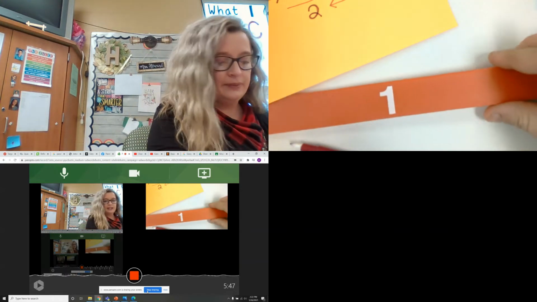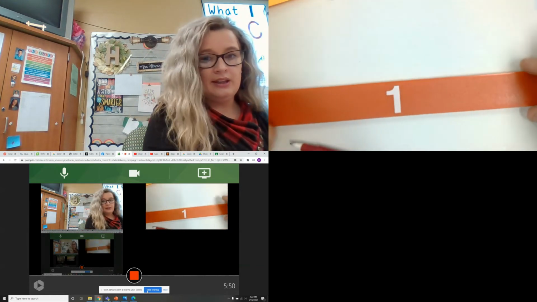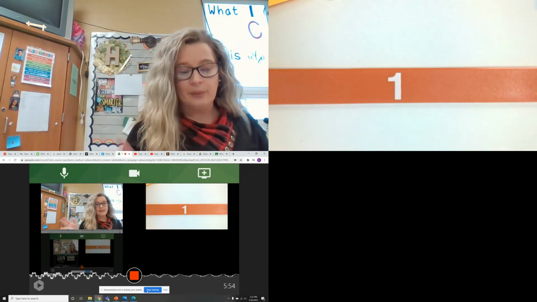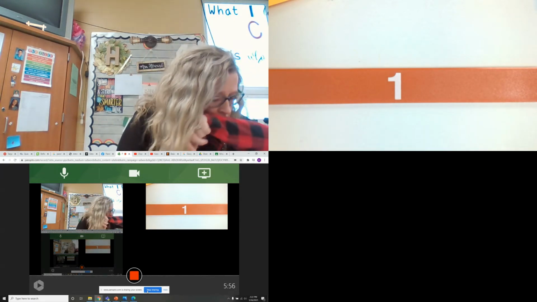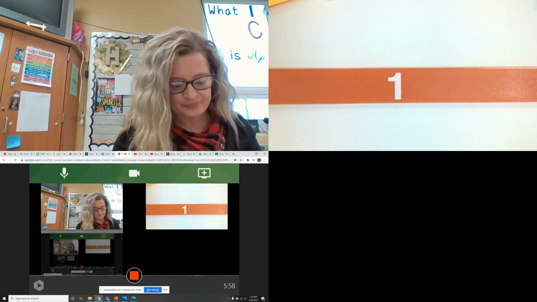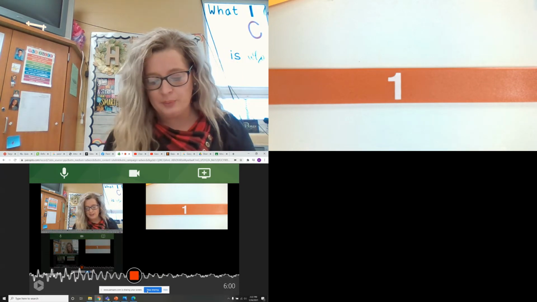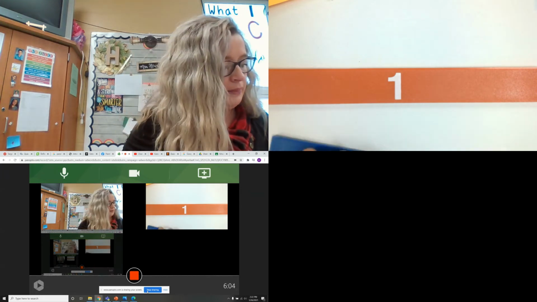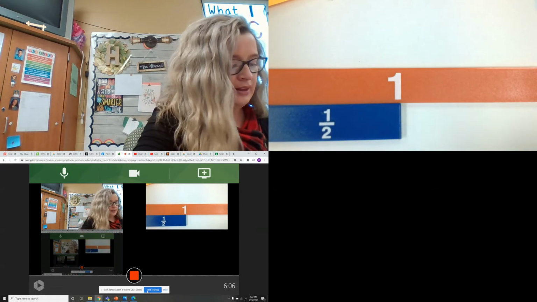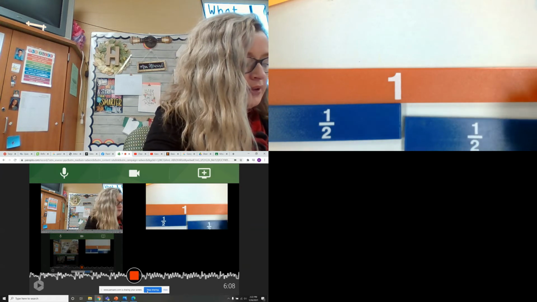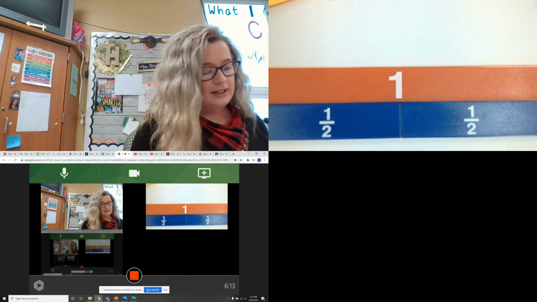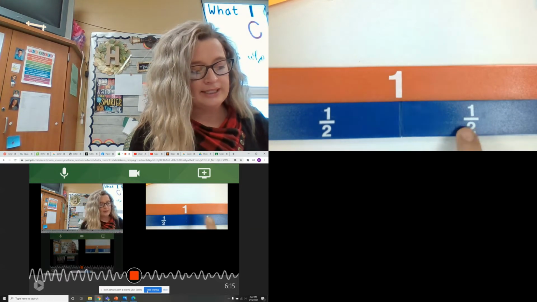So this right here, this stick is one whole. It's the main thing we're going off of. Now, if I wanted to break that stick in half, it would be like this and this. Because if I cut it in half, it would be in two pieces. Correct? So this is a half of a whole, and this is half of a whole.